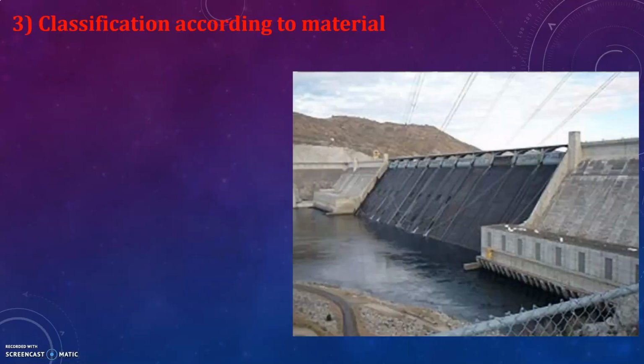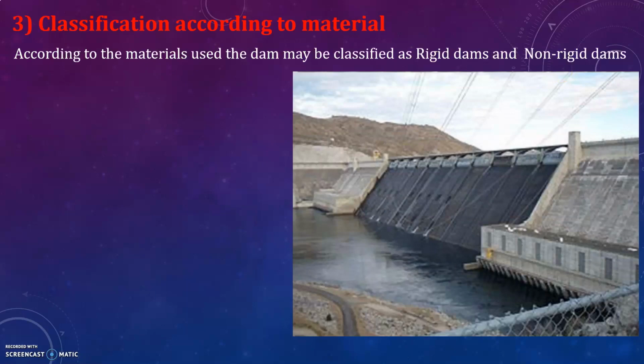Let us discuss the third type, that is the classification according to material. According to the material used in the dam, it may be classified as rigid dams and non-rigid dams.